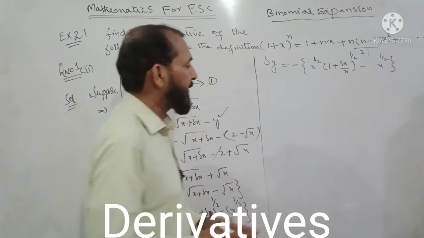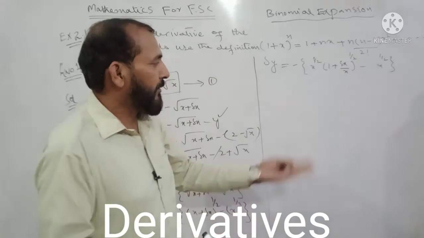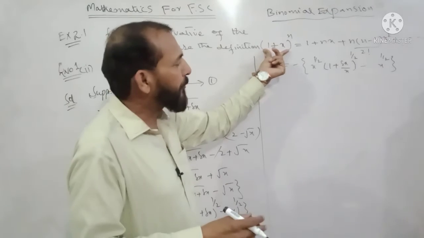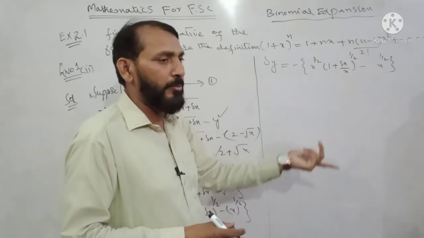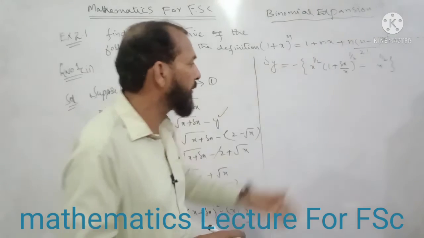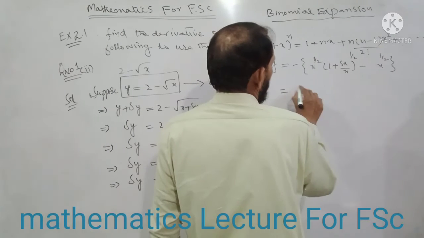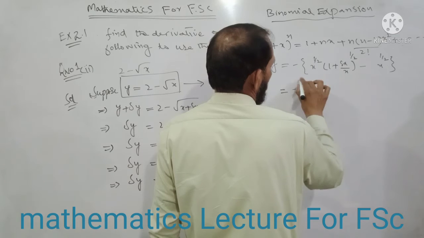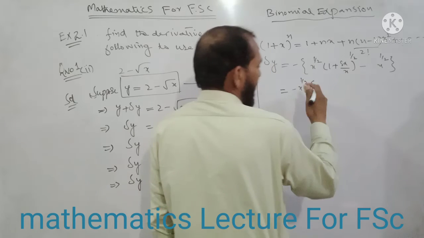If you understand this, now we have to take this as 1 plus x. This is the binomial expansion, and we can use it to expand. First of all, x raised to power 1 over 2 will be common on both sides.